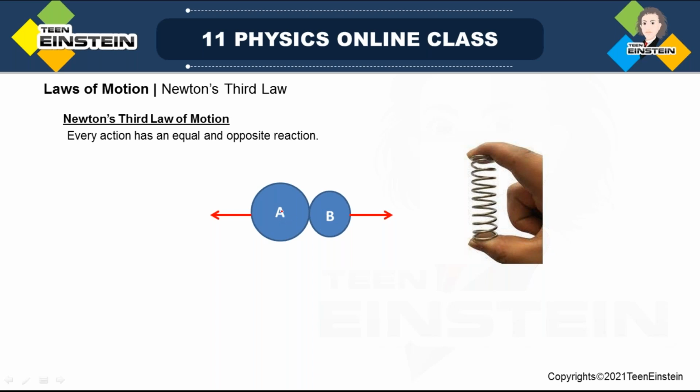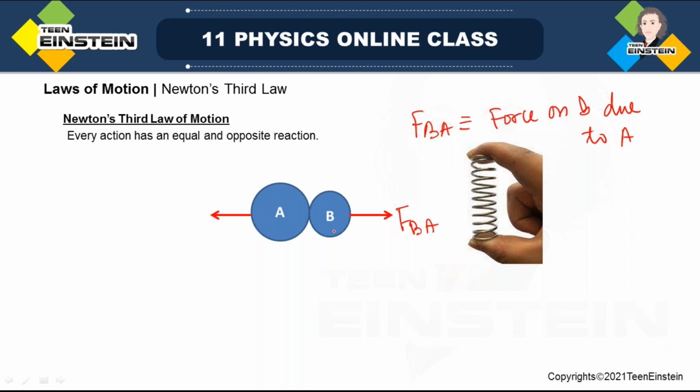If A is applying a force on B, that is the force on B due to A, called FBA.